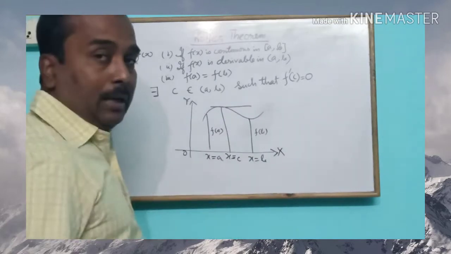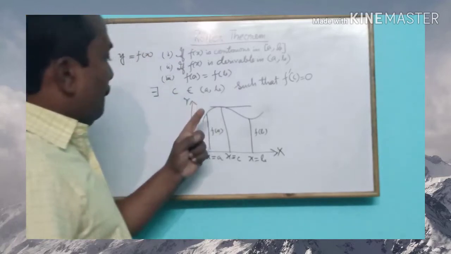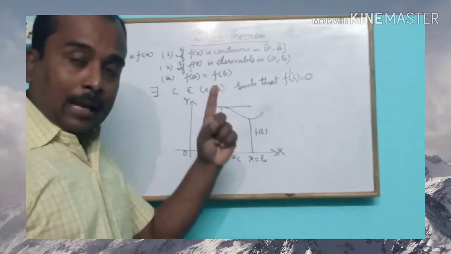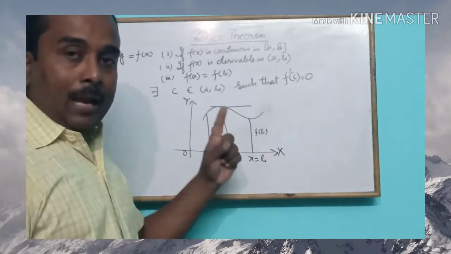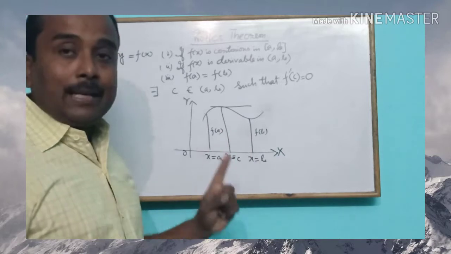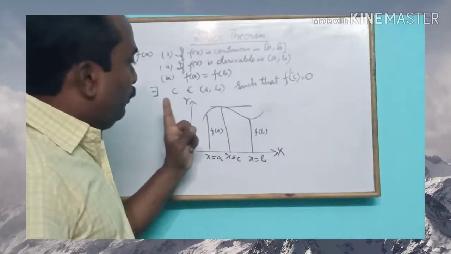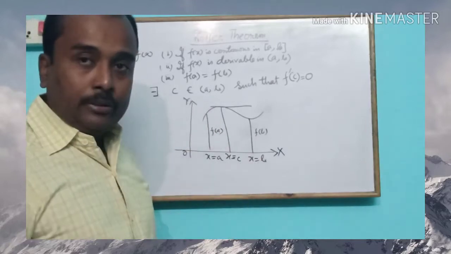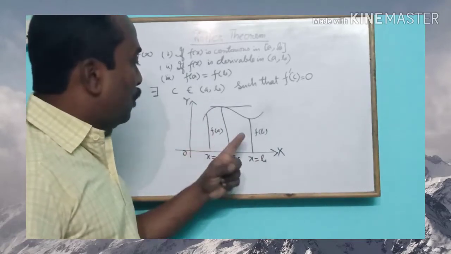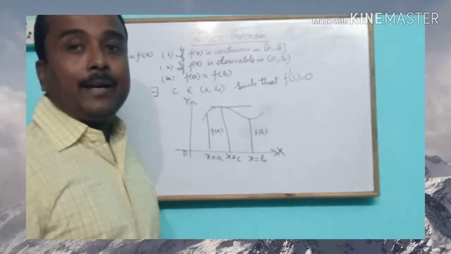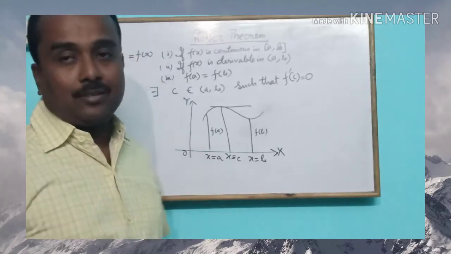So what is the geometrical interpretation? Let me repeat. For a function which is continuous in the closed interval AB and derivable in the open interval AB, and if the ordinates at A and B are equal, then we will surely get one tangent drawn on the curve in between the points A and B, where the tangent is parallel to the x-axis.